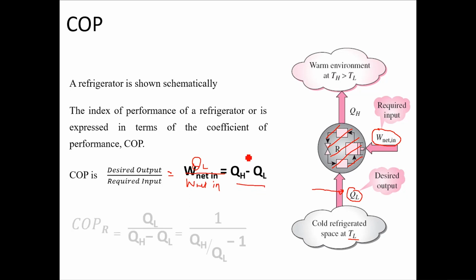So the coefficient of performance is the desired output, QL, divided by the net work input, QH minus QL. If you divide every term by QL, you'll have 1 over (QH over QL minus 1). This is the coefficient of performance of a refrigerator.